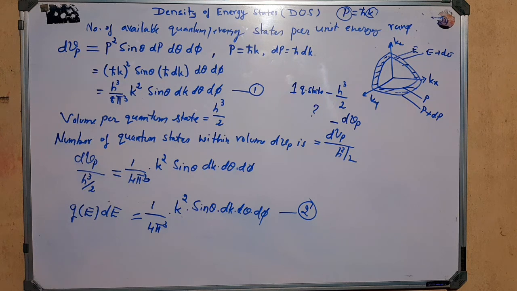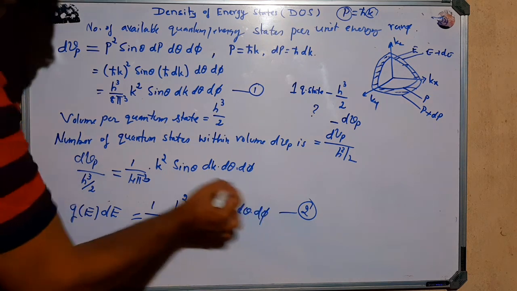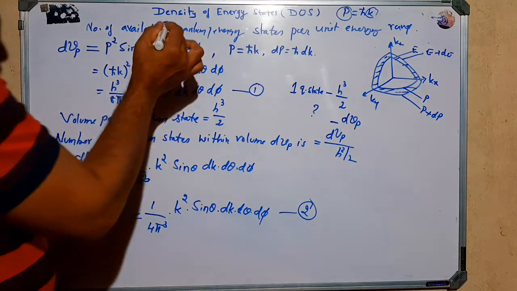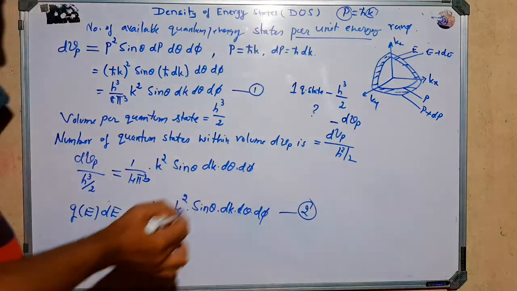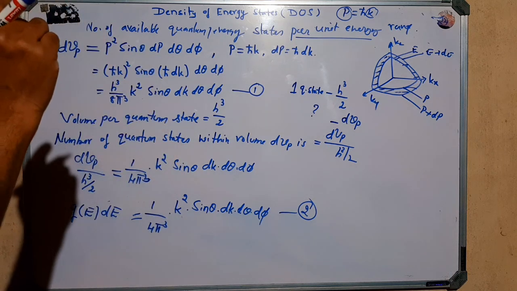So how can you get the expression for density of energy states? This is the number of available energy states between E and E plus dE. Density of energy states is per unit energy range, and dE is a very small interval.